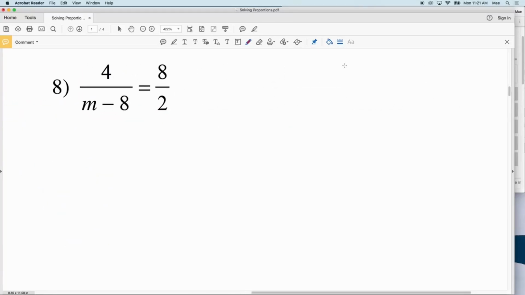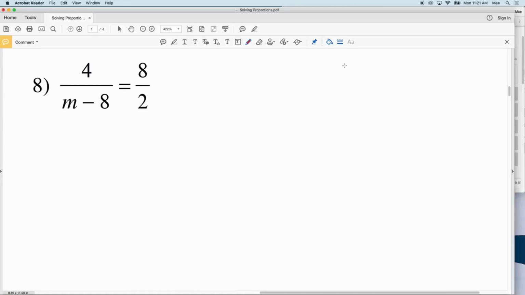Moving on to number 8, we have 4 over m minus 8 is equal to 8 over 2. Cross multiplying again, we'll get 8 times m minus 8 equal to 2 times 4. Distributing that 8, 8 times m is 8m, 8 times 8 is 64.